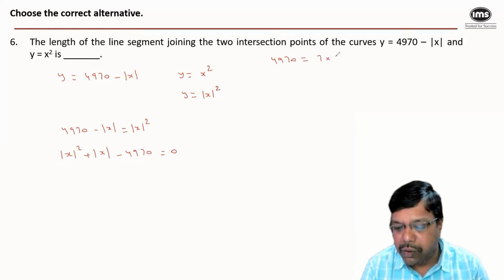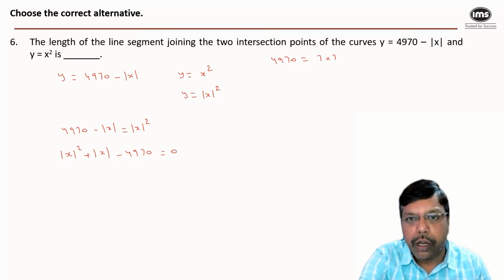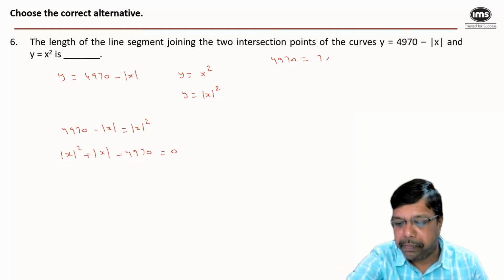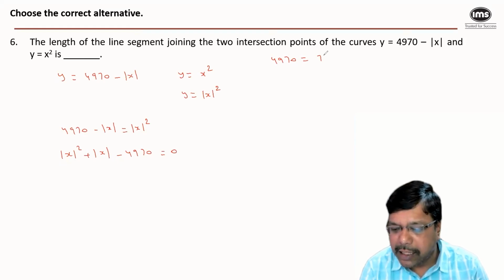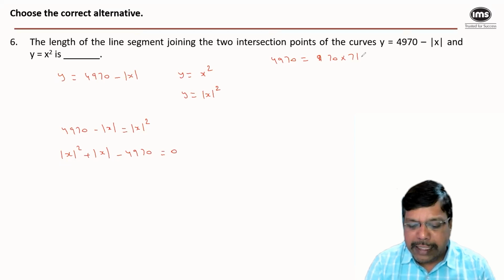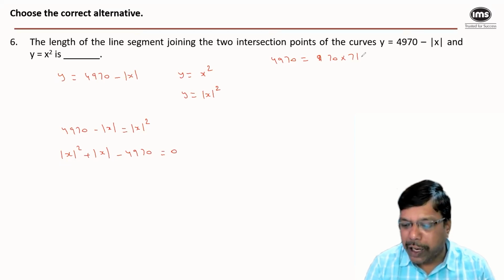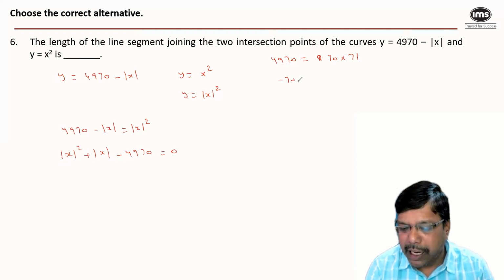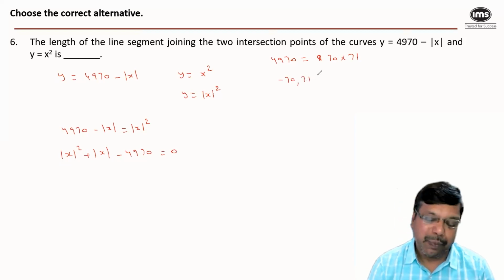Now, if you factorize 4970, you will see that it is equal to... or hold on. I think we can write it as 4970 is 70 into 71. Yes. Now, since I want their sum to be plus 1, I will take the smaller value as negative and the larger value as positive.